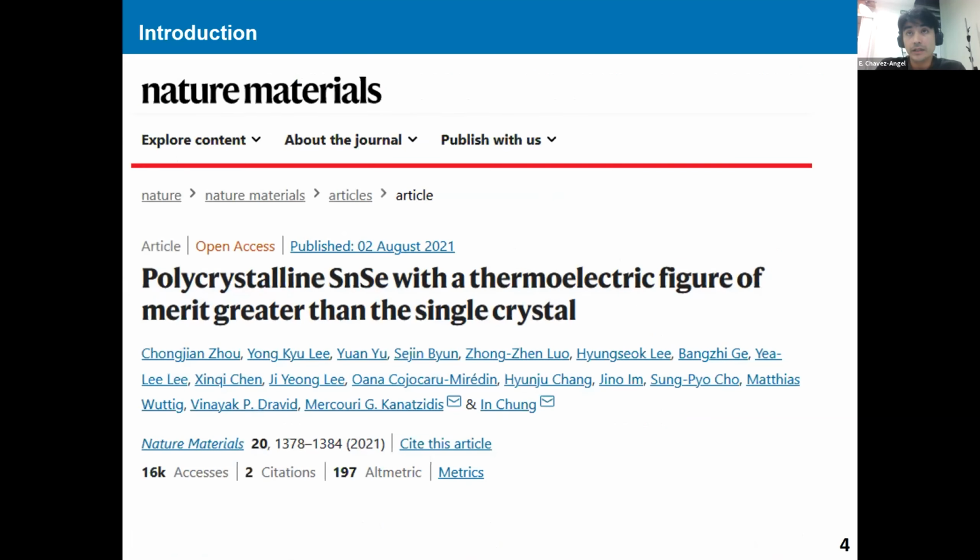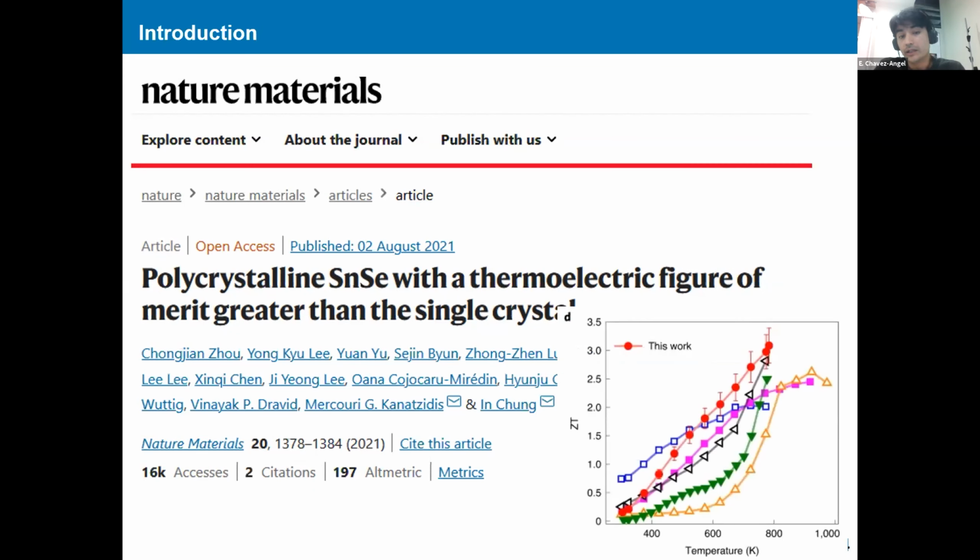Indeed, the family of thin selenide has nowadays one of the largest thermoelectric figures of merit. This is the case of polycrystalline thin selenide, the bulk one. But you see here the ZT is quite outstanding. This is around 3, and this is very high in comparison with the rest of the materials. This is why we are interested in particular in this material.